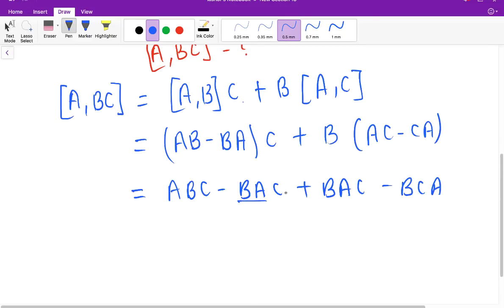So you can see there are two terms which will cancel, so let's cancel them, and you get here ABC minus BCA.